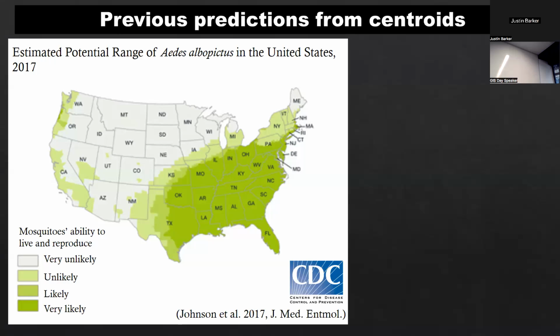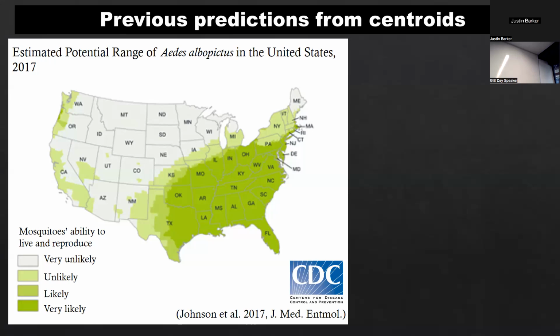So for example, to illustrate this, in 2017, the Centers for Disease Control and Prevention published a maximum entropy species distribution model examining the distribution of Aedes albopictus and Aedes aegypti. At the time, it showed that up in Michigan, they were unlikely to occur.